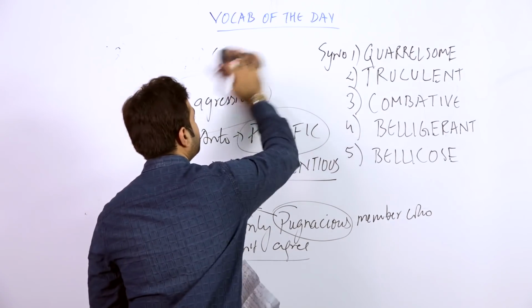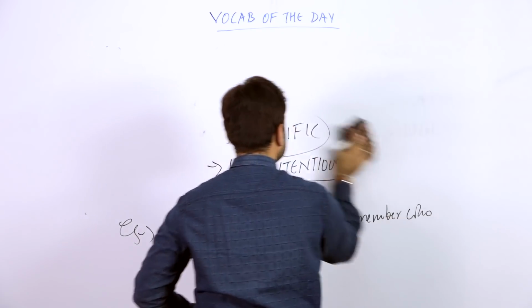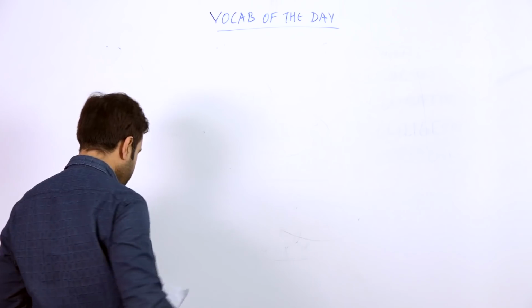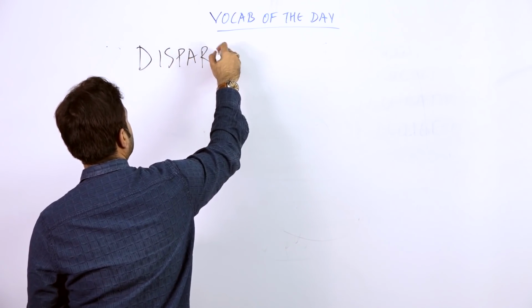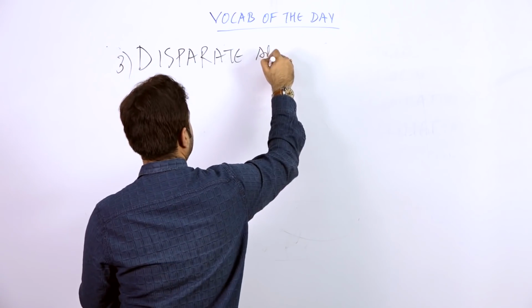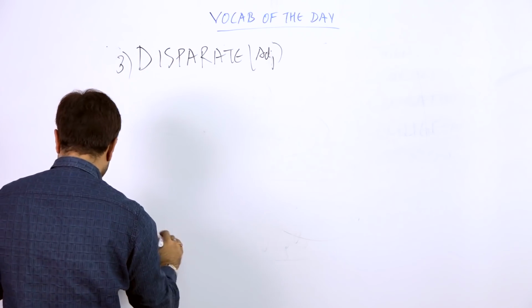The third word that we are going to discuss here, students, is a nice word. The word we can take here is disparate, D-I-S-P-A-R-A-T-E. It's not desperate, it is disparate. It can be used as an adjective. The sentence is a simple one.